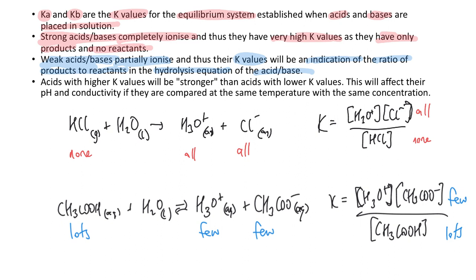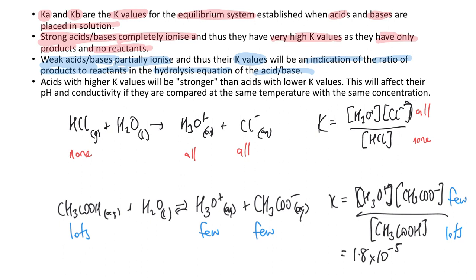So that's for a weak acid. However, if you have two acids, let's say that the ethanoic acid value is 1.8 times 10 to the negative 5, which is a very small value.